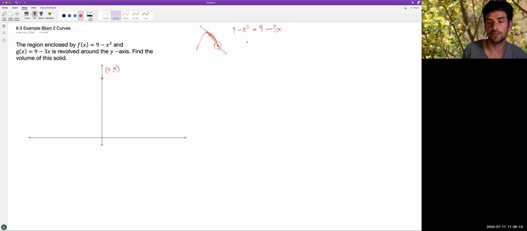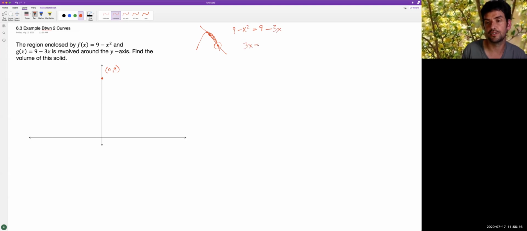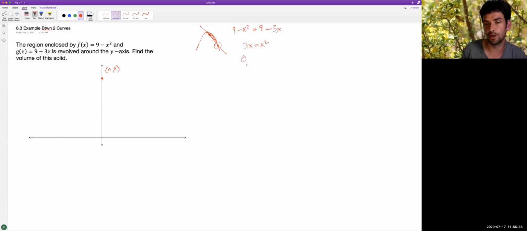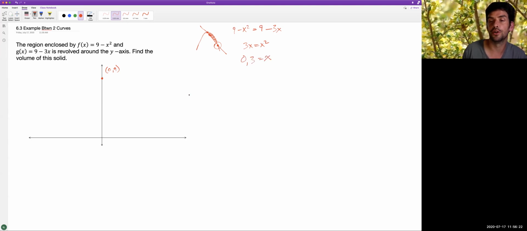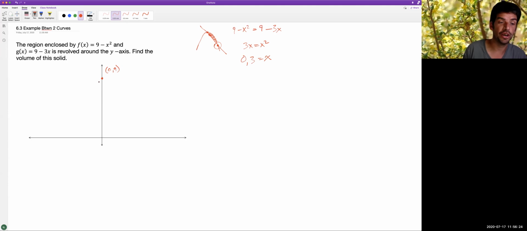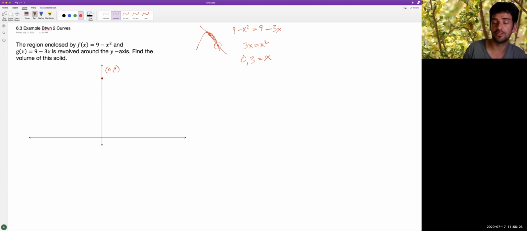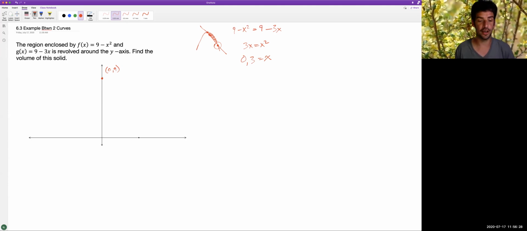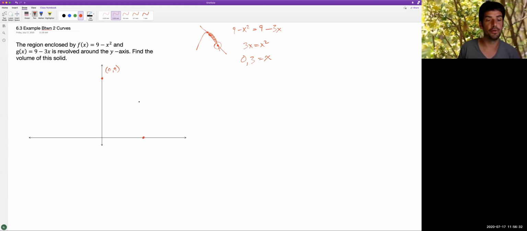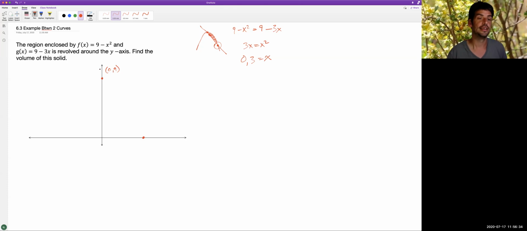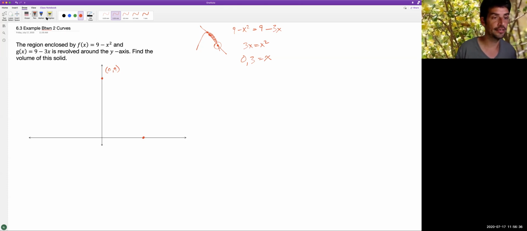This is quickly solved by 3x equals x squared, which you can probably see has solutions of 0 and 3. We already knew about 0. That's where the two graphs intersect here. 3 is the other place, when x equals 3, which happens to be where both graphs hit the x-axis.